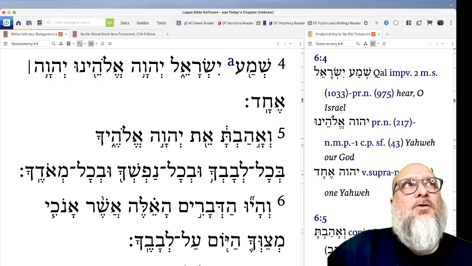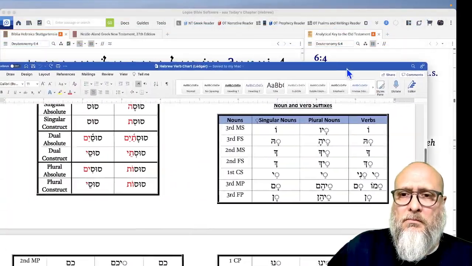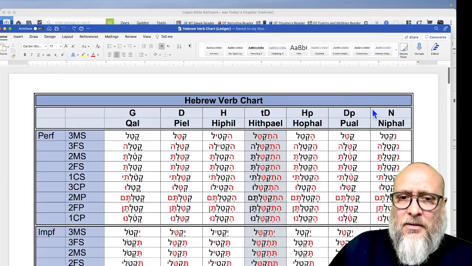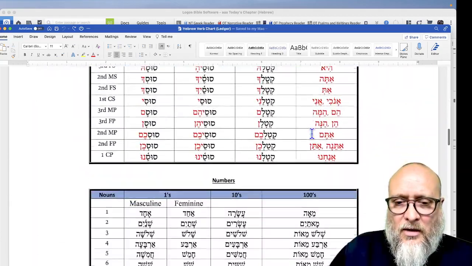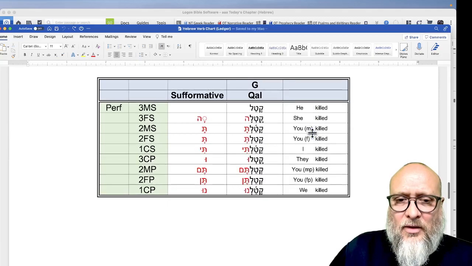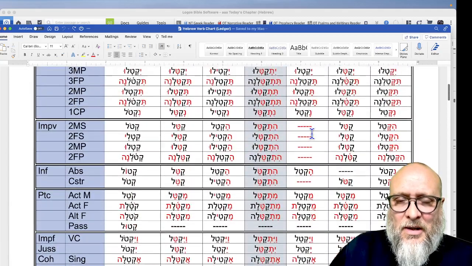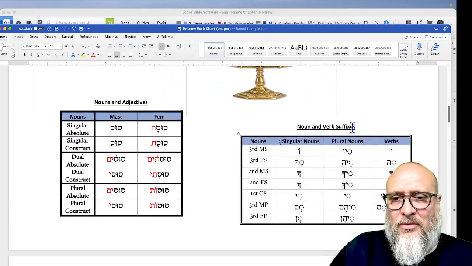What's really interesting about the word Adonai is, when you just look at Hebrew grammar, it's kind of great. All Hebrew grammar can be put on almost one sheet front and back. Really not much to it.